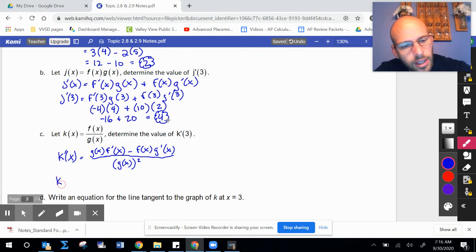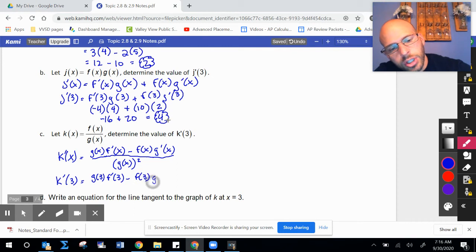So then k prime of 3 is going to be g of 3 f prime of 3 minus f of 3 g prime of 3, all over g of 3 squared.